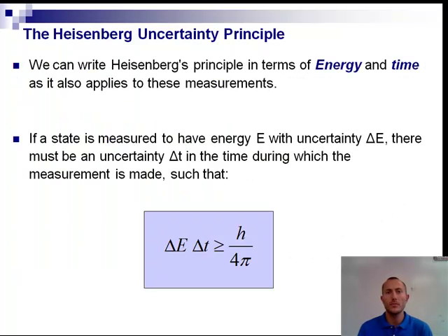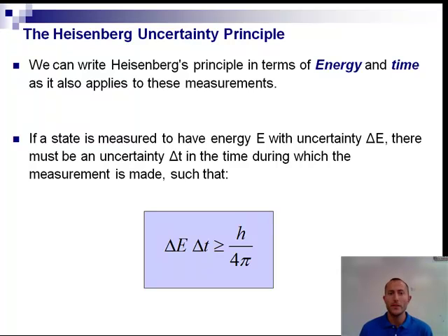We can also look at the uncertainty principle in terms of energy and time. If a particular state is measured to have some specific energy where the uncertainty is delta E, then there must be some uncertainty delta T in the time during which the measurement was made. And again, you can see that it's that same type of relationship as there was with the uncertainty in momentum and position.